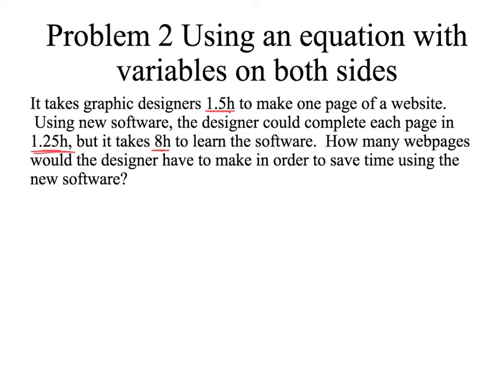Okay, how many web pages? So let's do w stands for web pages. So it takes a graphic designer 1.5 hours to make one page. Okay, so that was the old way. It takes him 1.5 hours.